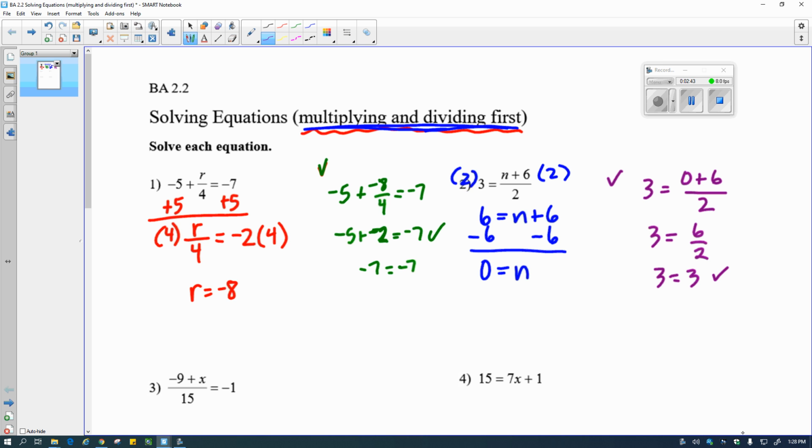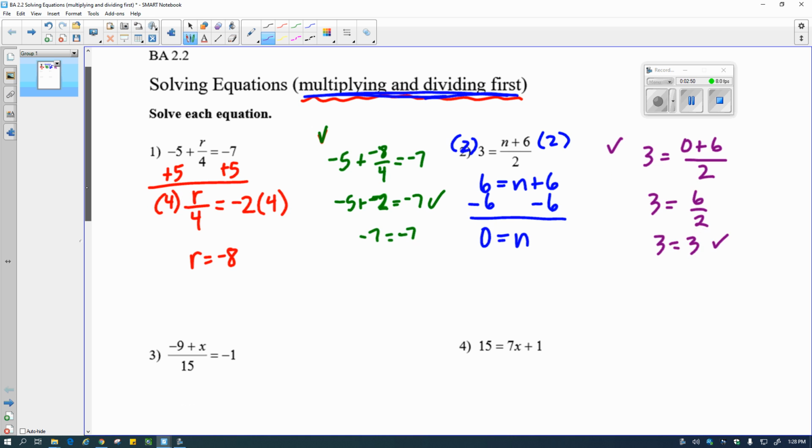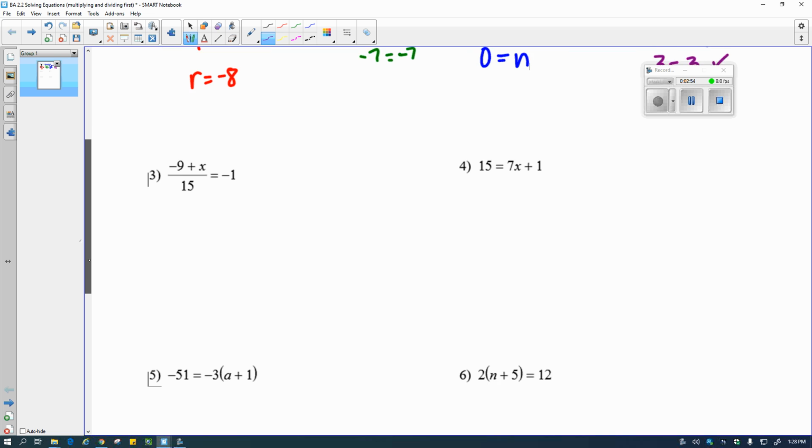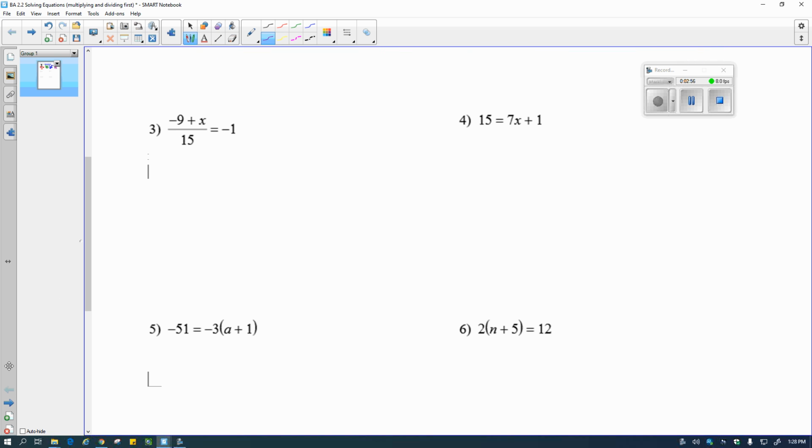Now when we solve the rest of the equations, I'm not going to go through that check step. Again, you can, but I just want you to be aware of when you pick whether you're going to multiply or divide first. The key thing to watch out for is the fact that the 15 is underneath the entire negative 9 plus x, which means that division bar blocks that negative 9 from being adjusted.